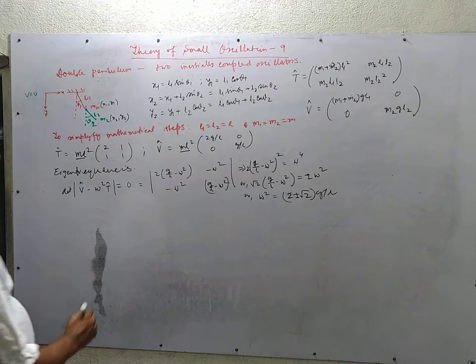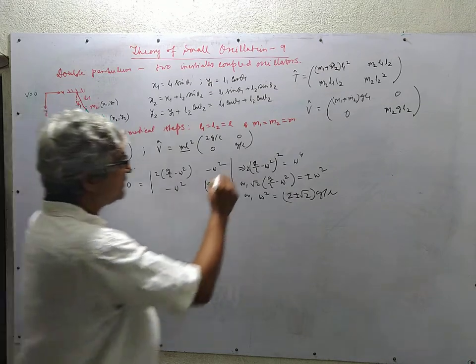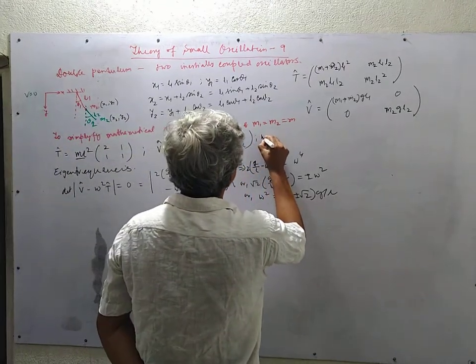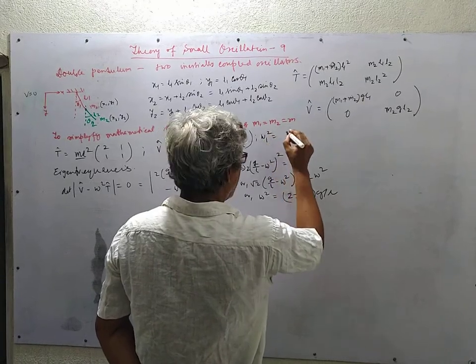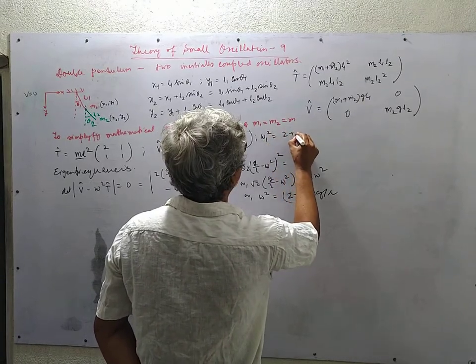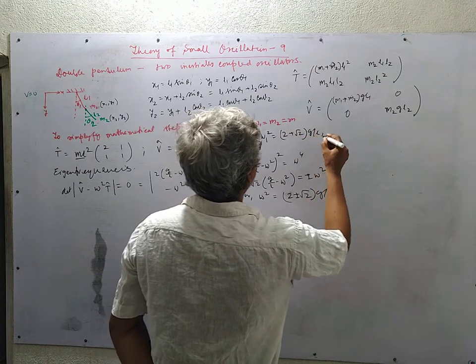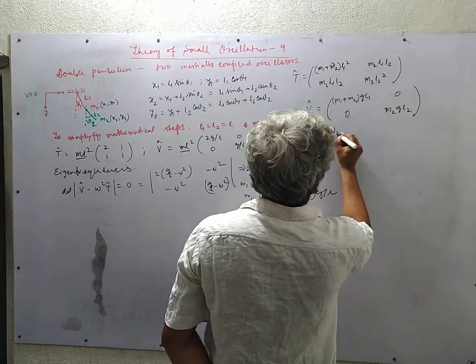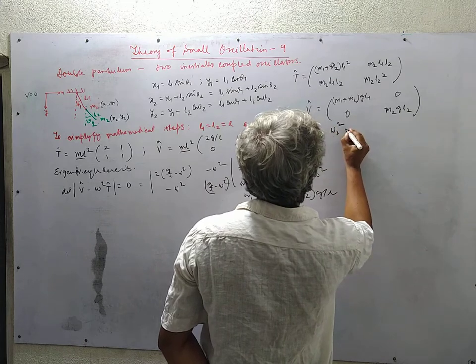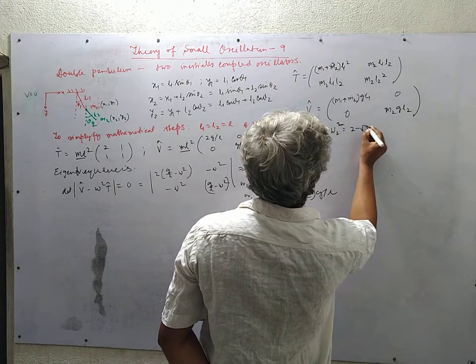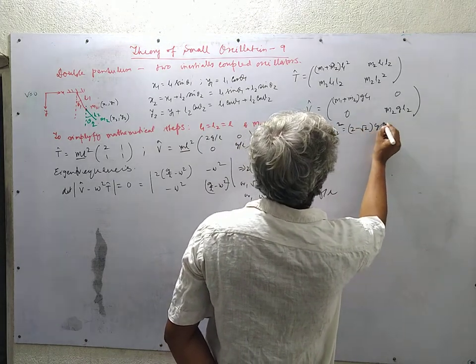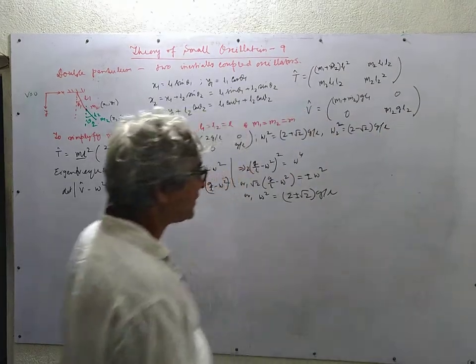We call omega 1 square is equal to (2 plus root 2) g by l, and omega 2 square is equal to (2 minus root 2) g by l. These are the two eigenfrequencies.